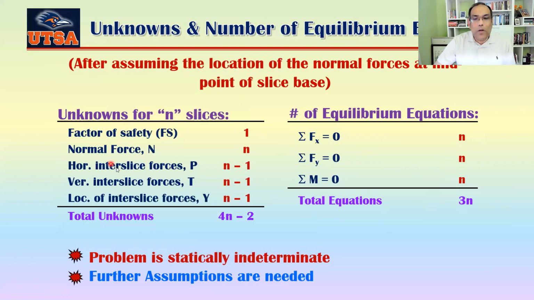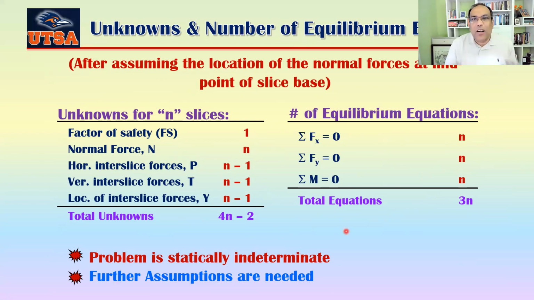The location of the normal force, we already took that out. So if we add them, you can see n plus n plus n plus n, you have 4n minus 2, because this is positive, this is negative, cancels out. So the total number of unknowns is 4n minus 2 and the total number of equations is 3n. So the problem is still statically indeterminate. Okay, so further assumptions are needed.